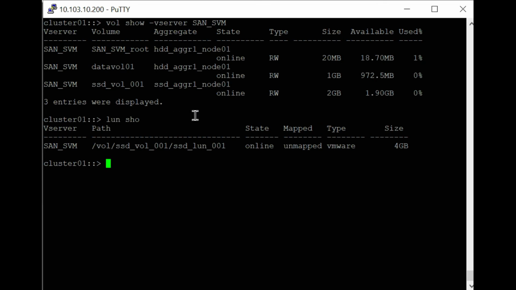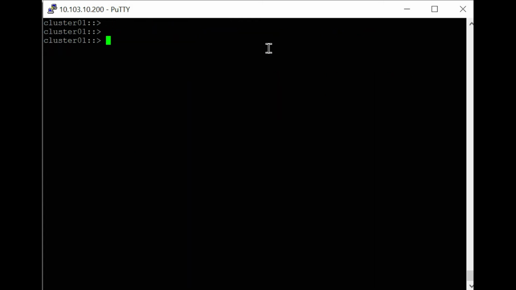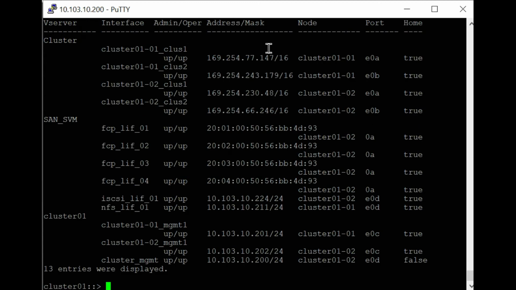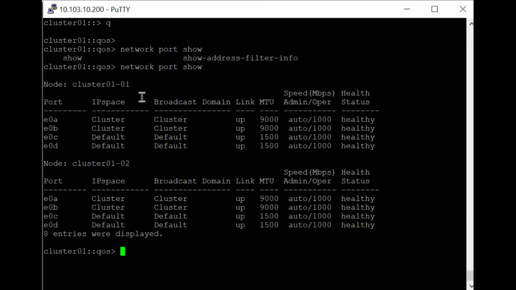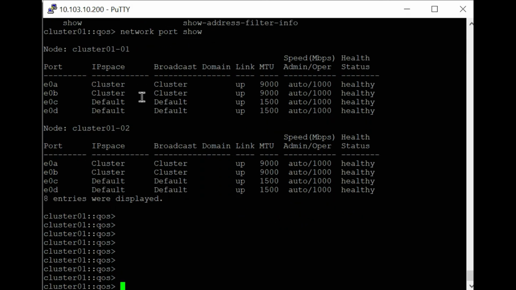Great. What else? A SAN storage may have network interfaces. Okay, so these are the network interfaces, but let me first show you the ports. So network port show. These are the physical network interfaces on the storage.